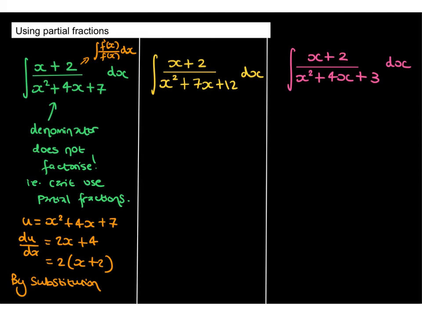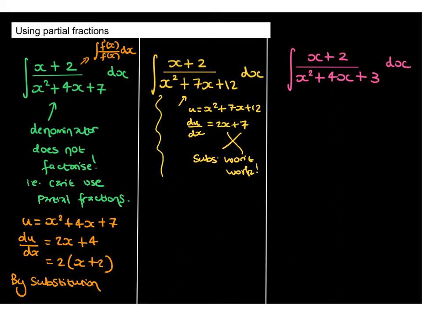Now, look at the second example. Look at the denominator. If you set u equal to x squared plus 7x plus 12, you get du by dx is equal to 2x plus 7, which is not a multiple of the numerator. So substitution won't work for this one.